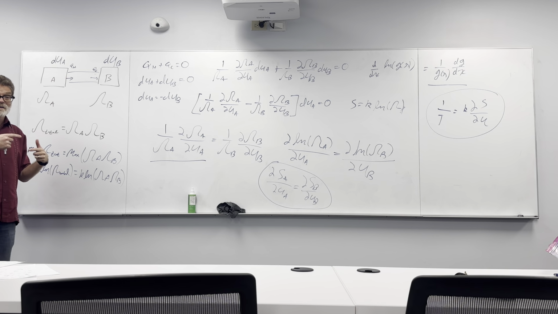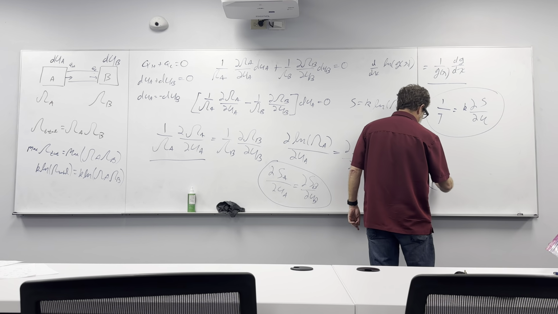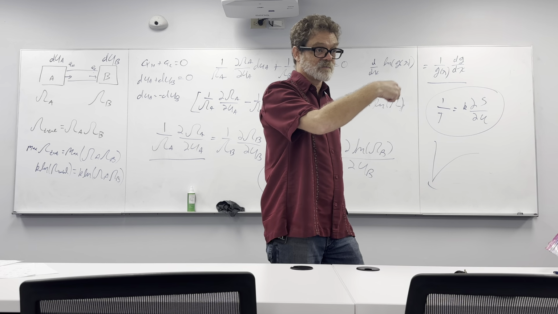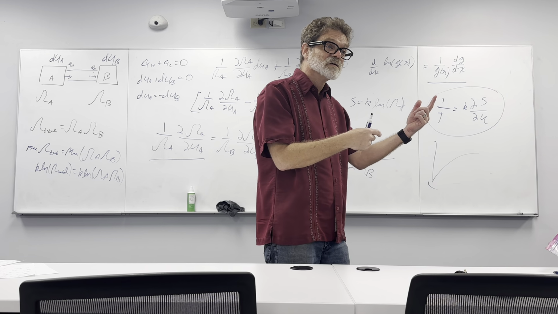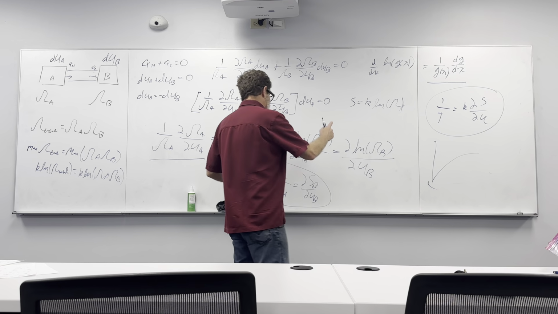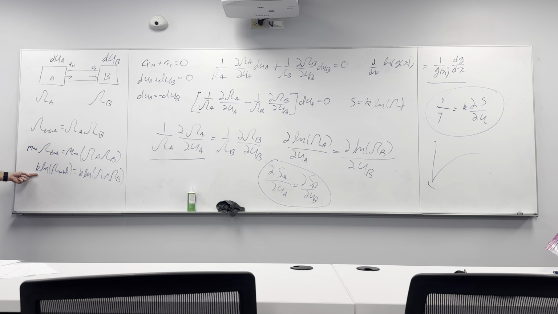Because the log function is not linear, but it is increasing with the value. So they go together. So if you maximize the function, you also maximize the log of the function.